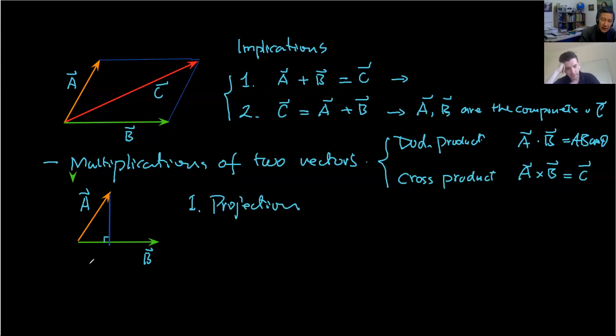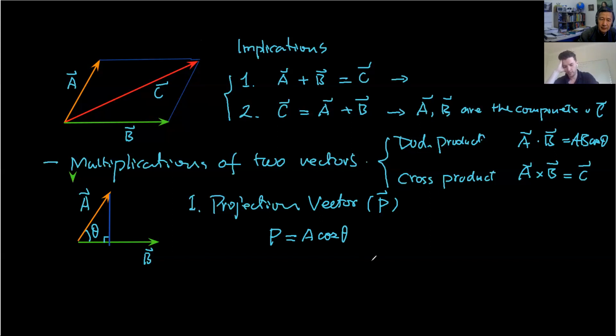Now the projection is just this part, the length of the projection. In general, the projection is also a vector, which we can call P. The magnitude of P will simply equal A cosine theta, if this is theta.